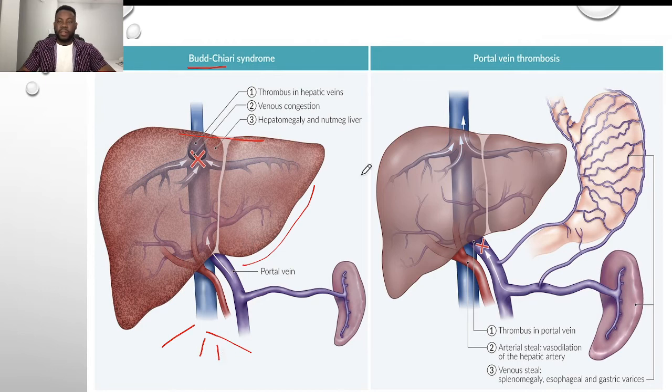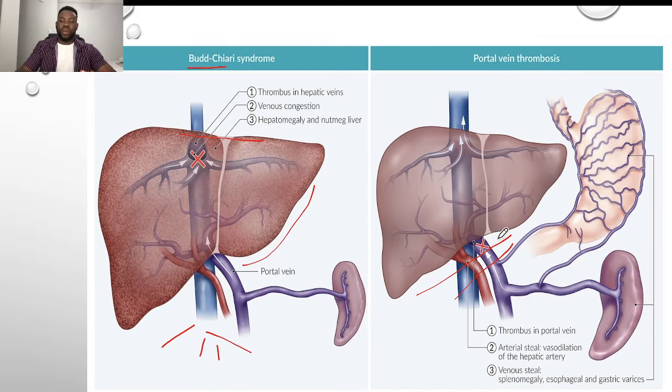Versus portal venous thrombosis. In portal venous thrombosis, it's occurring at the level of the portal triad. So it's happening behind the liver. We've not yet gone into the liver, so the liver is spared over here.